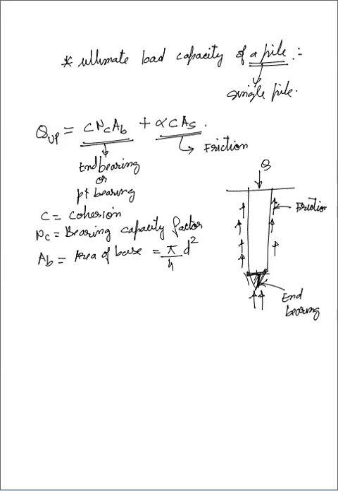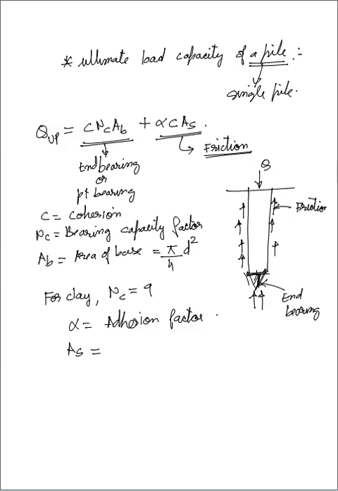Suppose the soil is clay, remember it, for clay they may not give you the value of NC, but you have to remember NC is equal to 9. Now regarding the second term, for friction, alpha C AS, alpha we know is the adhesion factor, C is cohesion, and AS is different from AB. AB is the area of base, pi by 4 d square.